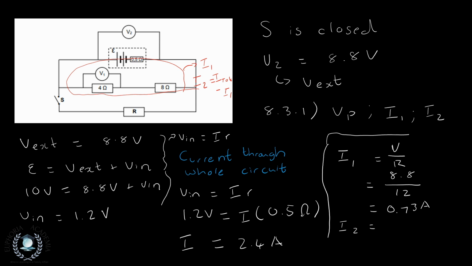That's going to be our 2.4 minus our 0.73. And that is going to give us a value of 1.76. I'm rounding off, by the way.